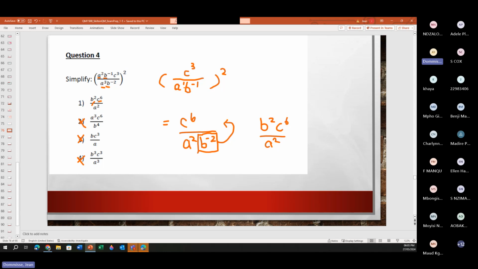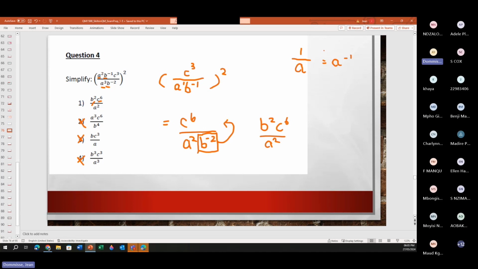Okay, so the bottom factors. Let's do something like this. 1 over a is a to the power of minus 1.